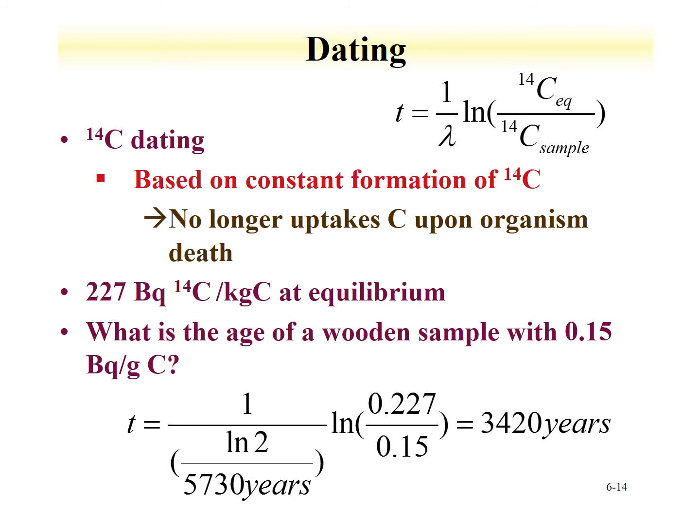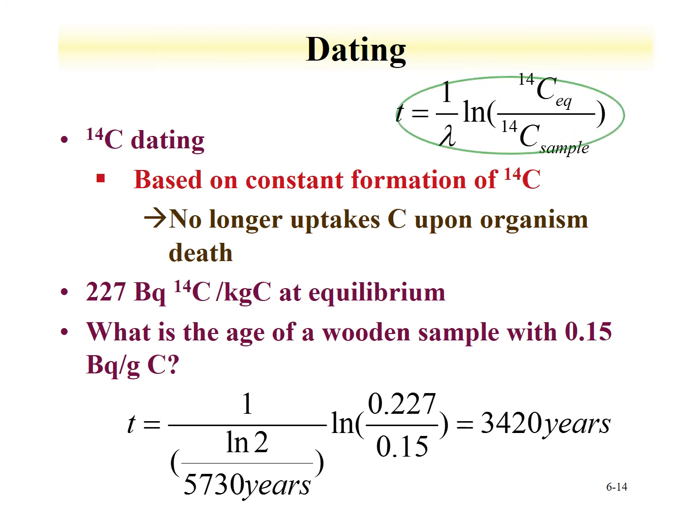Another well-known form of dating is carbon dating, and this is based upon the fact that there's constant formation of carbon-14 in our environment. If anything is living, it's taking up carbon with a certain amount of carbon-14. When it is no longer living, it is no longer taking up carbon-14, so the carbon-14 is decaying.